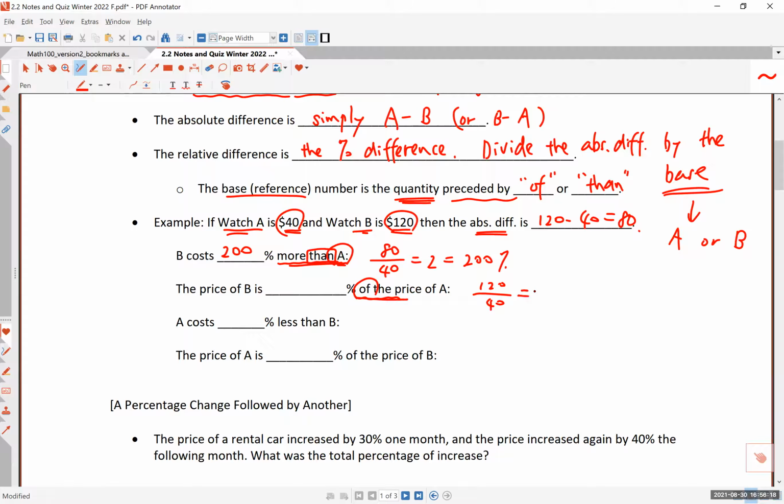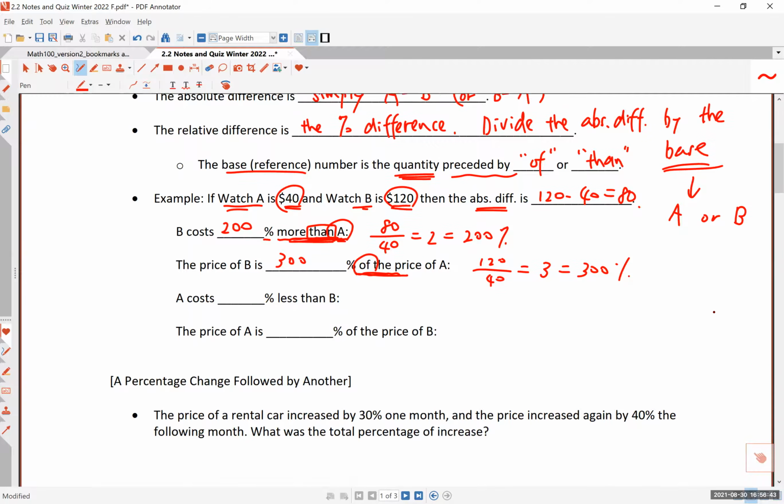And if you divide 120 by 40, you get 3, which is 300%. So the correct statement here is that the price of B is 300% of the price of A. But remember, the price of B was 200% more than the price of A. Okay, so that's the difference between more than and of.